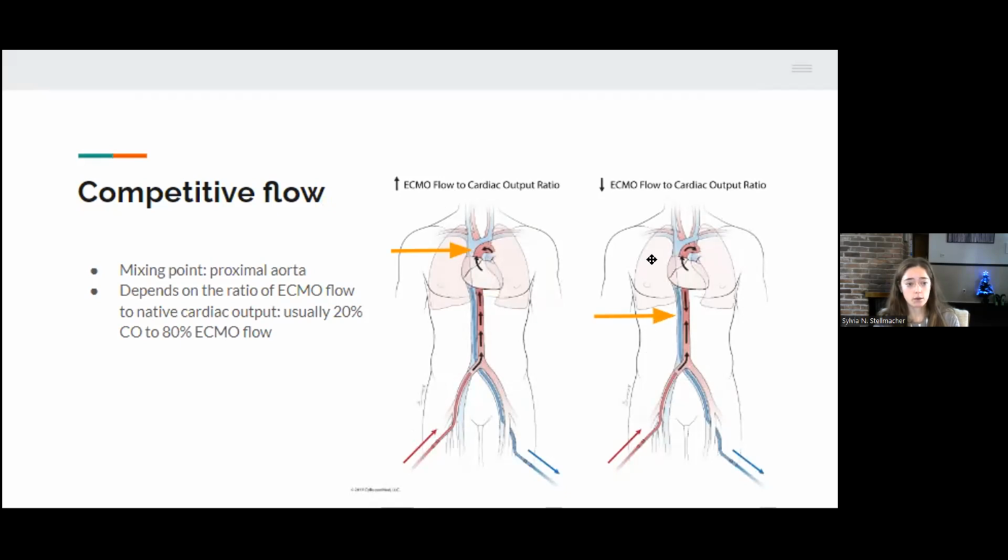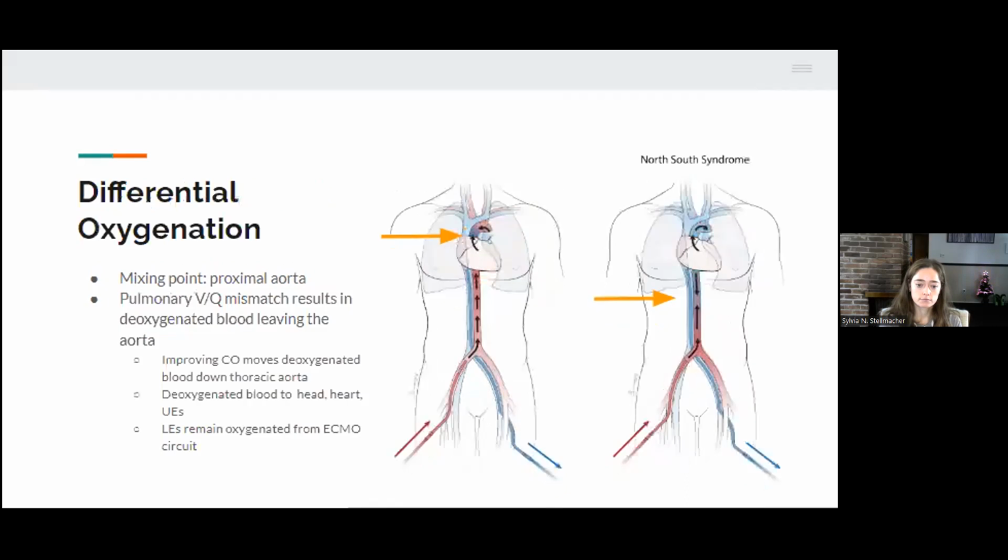However, when cardiac output increases and the heart starts to recover, the mixing point moves. Depending on the ability of the lungs to provide oxygen, this may result in hypoxemia or may not. Differential oxygenation is the issue when the native heart starts to recover in its function and pushes this mixing point down the aorta.